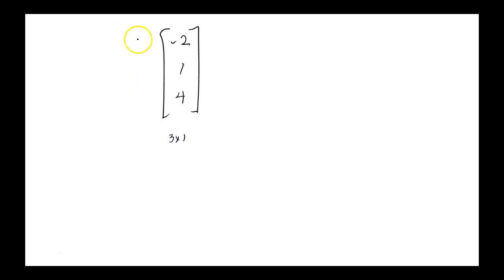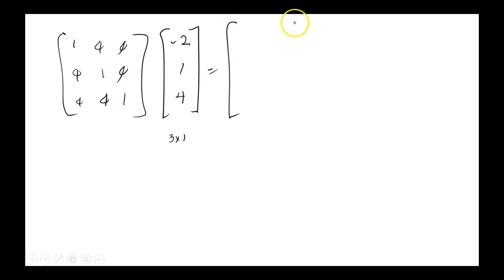So what size would a matrix over here have to be? 3 by 3, and what would it be? 1, 0, 0, 0, 1, 0, 0, 0, 1. Okay, let's do the multiplication and see what we get. Oh, what size will this be? 3 by 1.